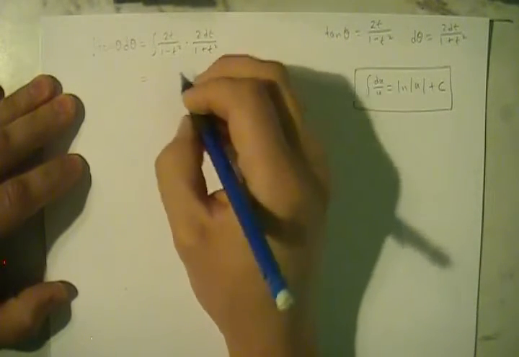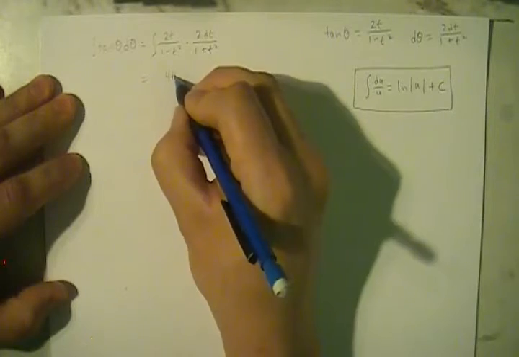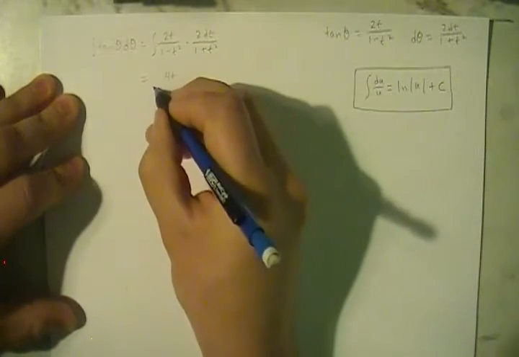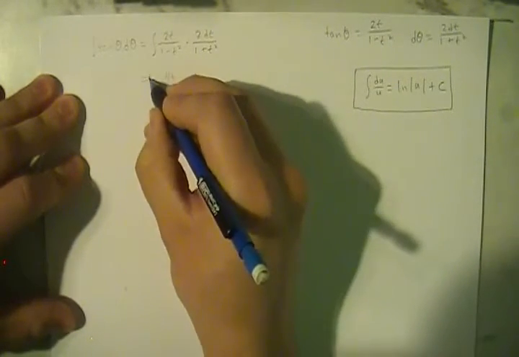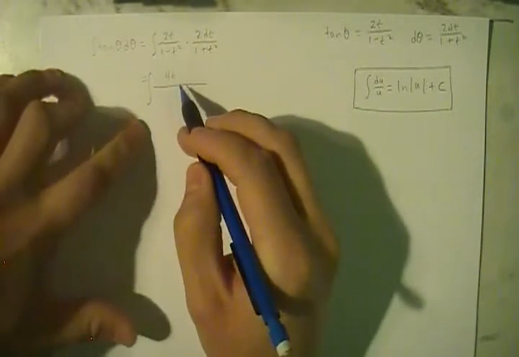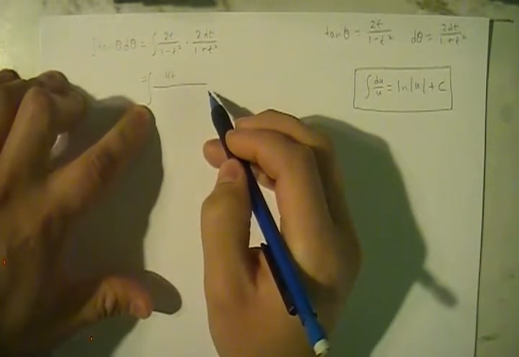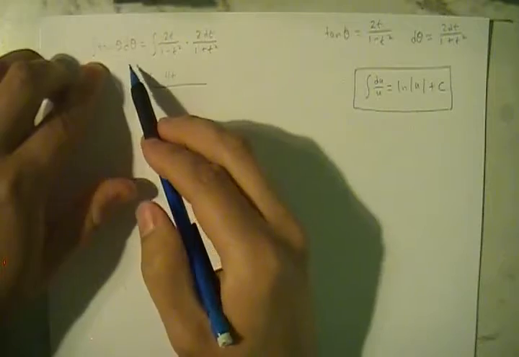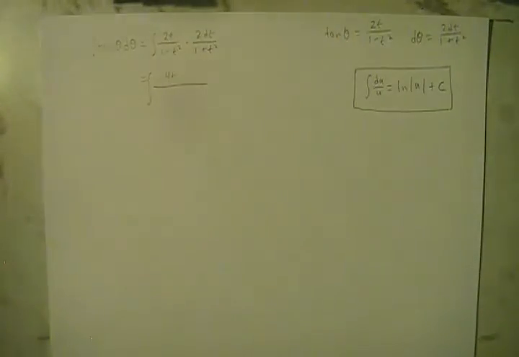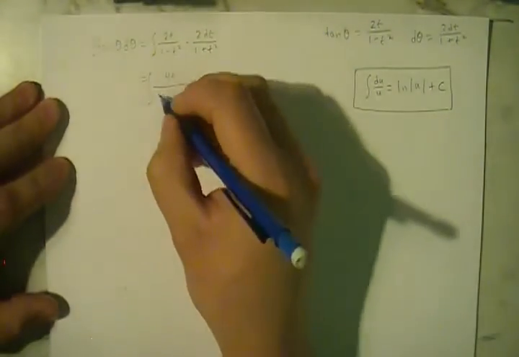So let me just go ahead and show it. So that's going to be 4t. So this is going to be the integral of this rational function. So we're reducing these trig functions into integrals of rational functions, which are easier for us to evaluate.